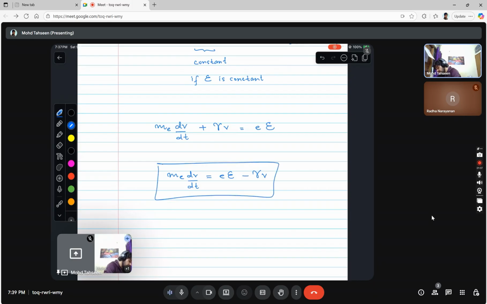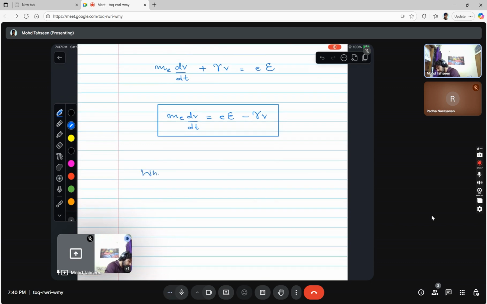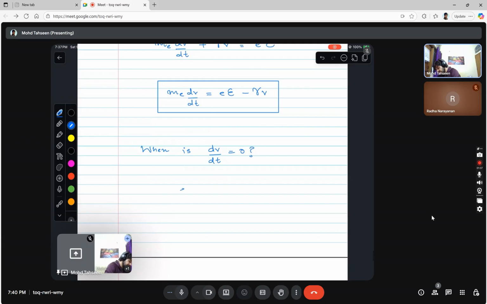From here we can find out when the acceleration is 0. If the acceleration is 0, then the right hand side will be 0, right?